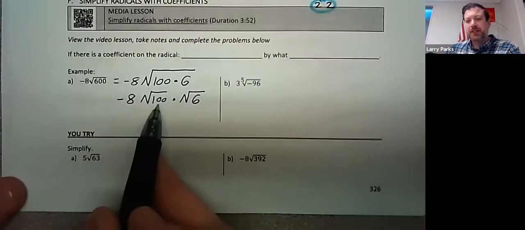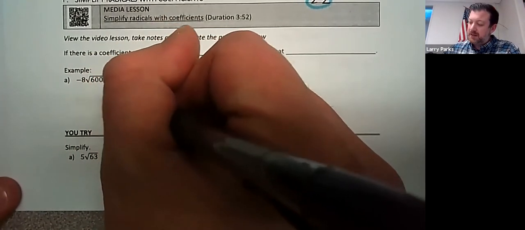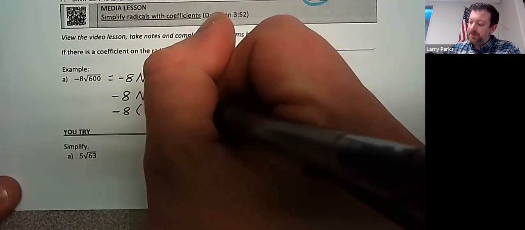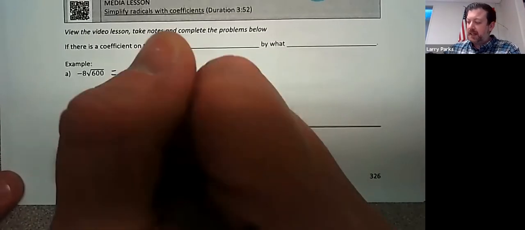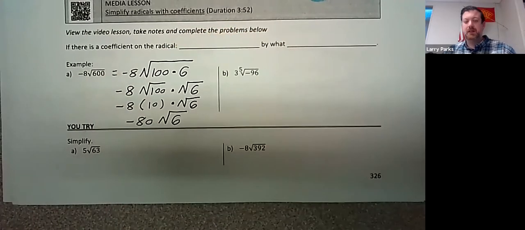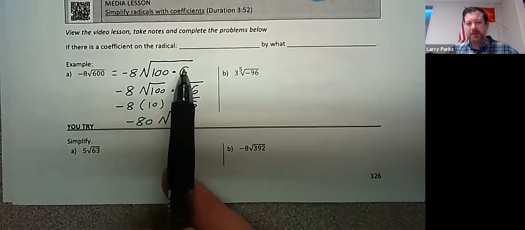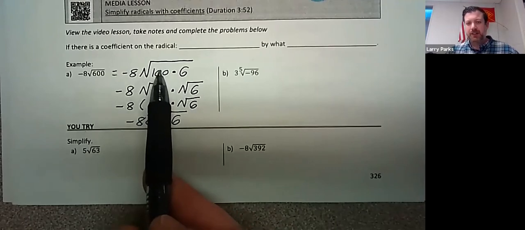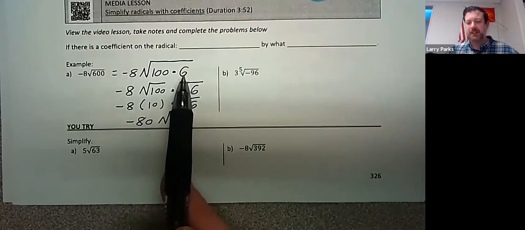The square root of 100 is 10. And negative 8 times 10, negative 80. Okay, so sometimes I like to go from this step to this step. Square root of 100 is 10. Negative 8 times 10 is negative 80 with the 6 left over.